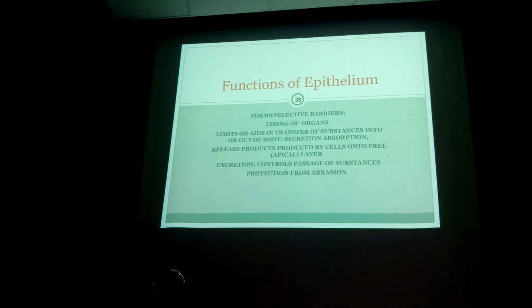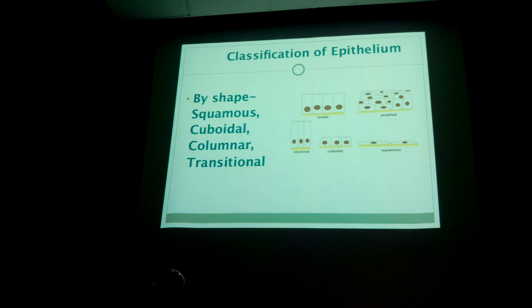We have epithelia that is mucus producing. That is all produced in the epithelia, so it's a release of products. Sometimes the product is released like an endocrine, or even an exocrine gland where it goes through a duct. It's still that epithelia is going to be part of that.